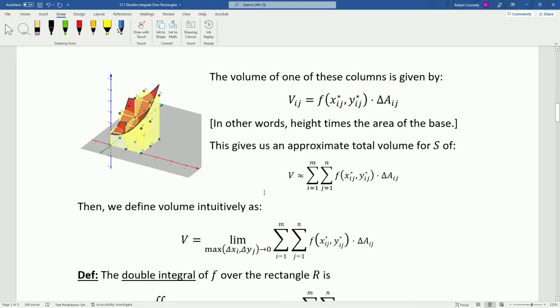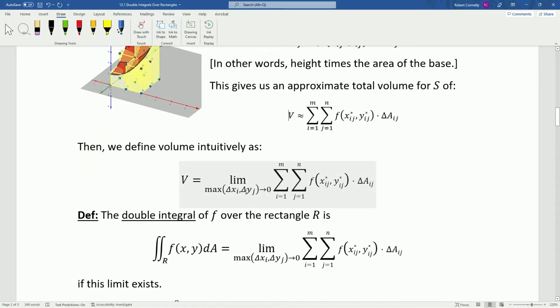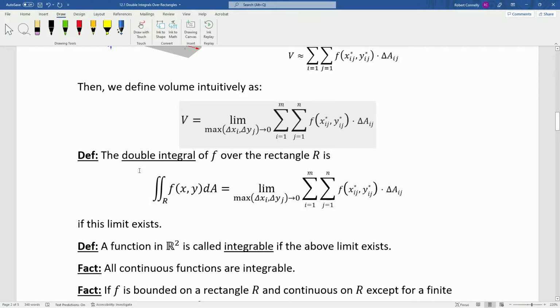Then we define volume intuitively as the limit of these sums as the size of our rectangles goes to 0. Therefore, the definition of the double integral of f over the rectangle R is the double integral over the region of f of x, y, dA equals the limit of these double sums, provided that this limit exists.